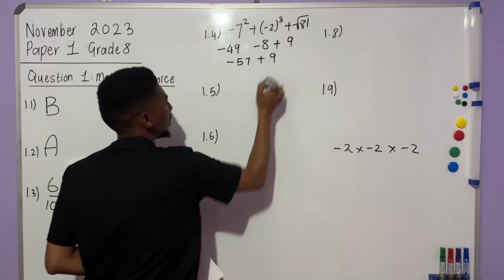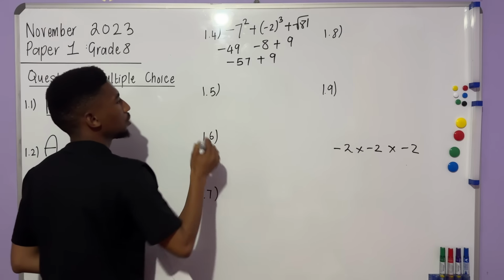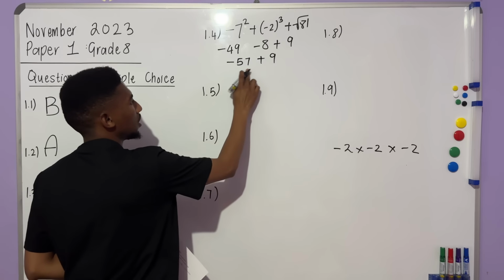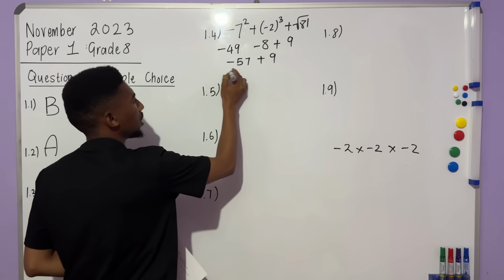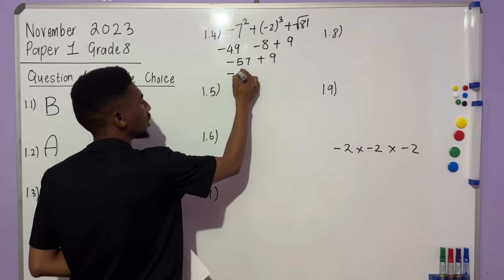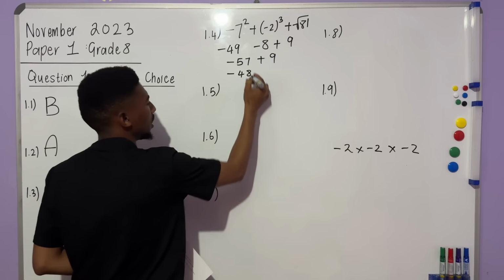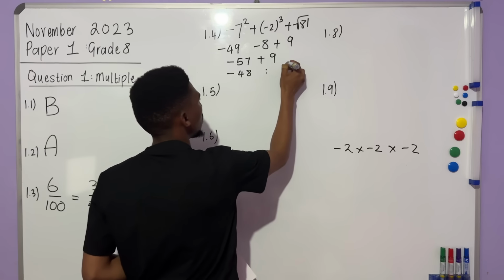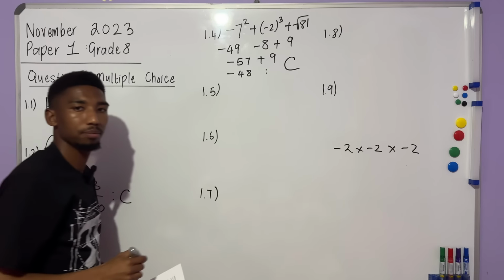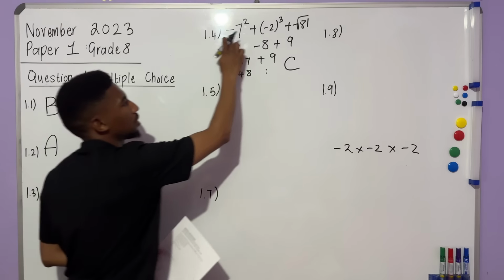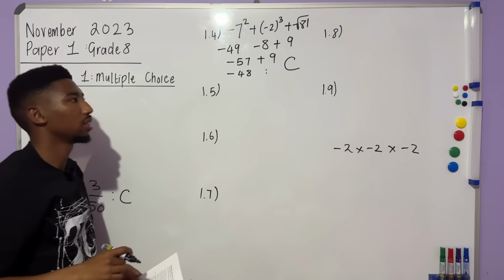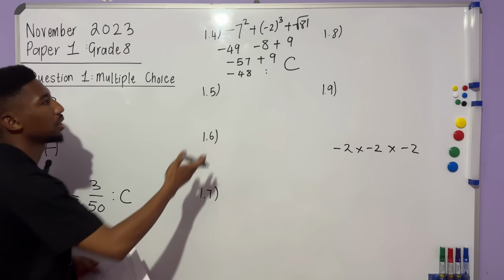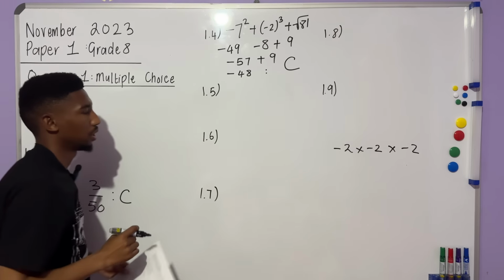We still need to add the 9 there, and that would give us minus 57 plus 9, which would be minus 48. And that answer for 1.4 would be C. You could have also just simply put that into your calculator and have gotten the correct answer, but it's good to be able to work through that as well.